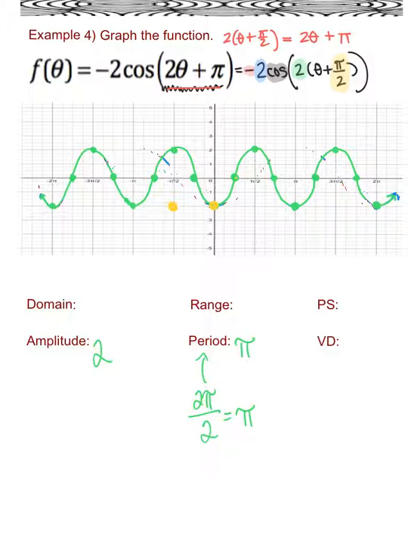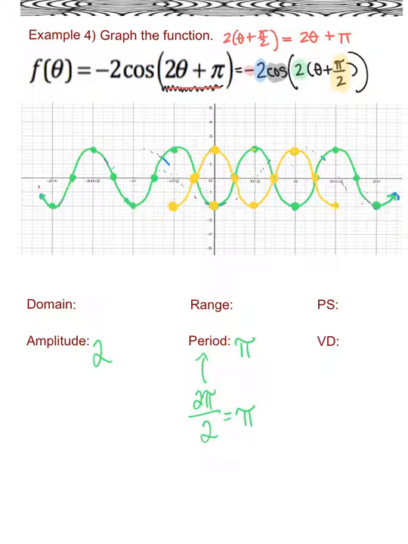Now this next point, which is at pi over 4, I'm going to move it to the left pi over 2 units. It will land here at negative pi over 4. Next point here, I'm moving it to the left pi over 2 units. It's landing at 0. And now that I have that, I have my pattern. And I am all set.